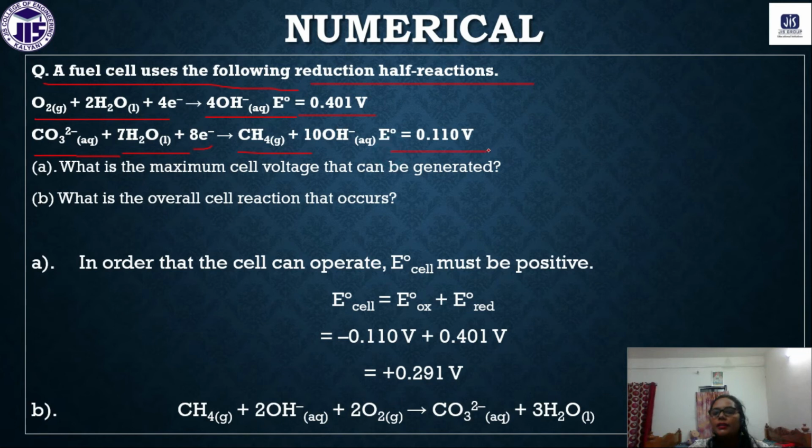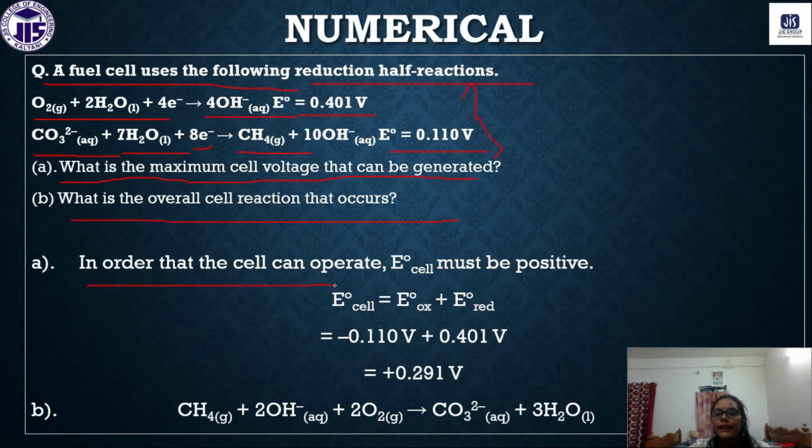Okay, and the potential is 0.110 volt. Now these equations are given, right? Now what we have to find out is, what is the maximum cell voltage that can be generated. This is the first question. Second question, what is the overall cell reaction that occurs. Okay, so for the first question, this is the answer.